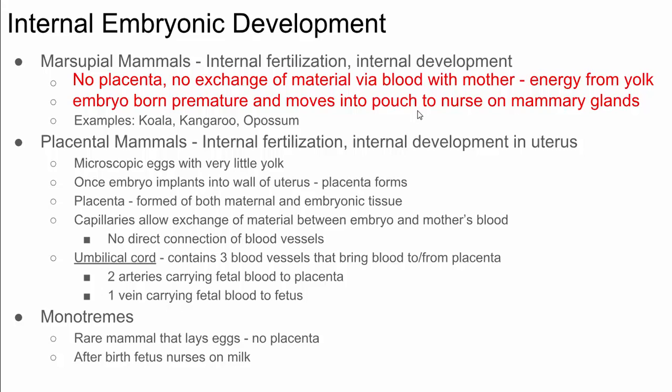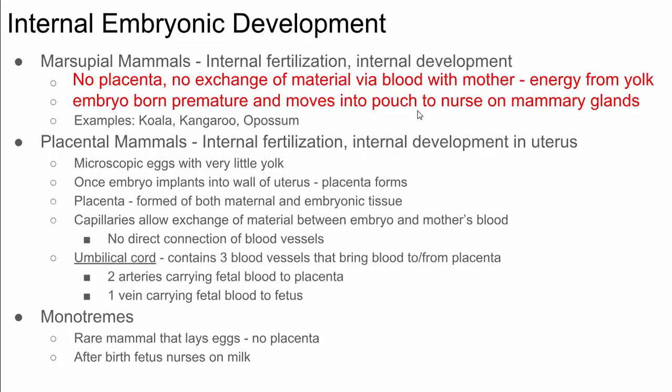But blood does not go from the mother into the fetus. That's a common misconception. The blood supplies of mother and embryo and fetus are kept completely separate. There's no sharing of blood. But because these capillaries are right next to each other, that allows for diffusion of materials to take place.